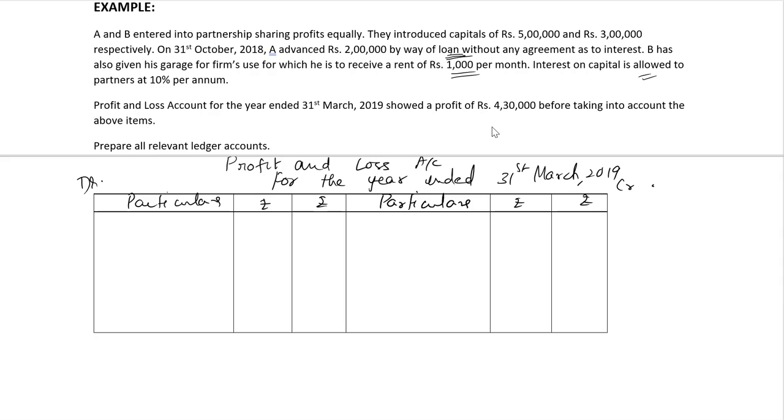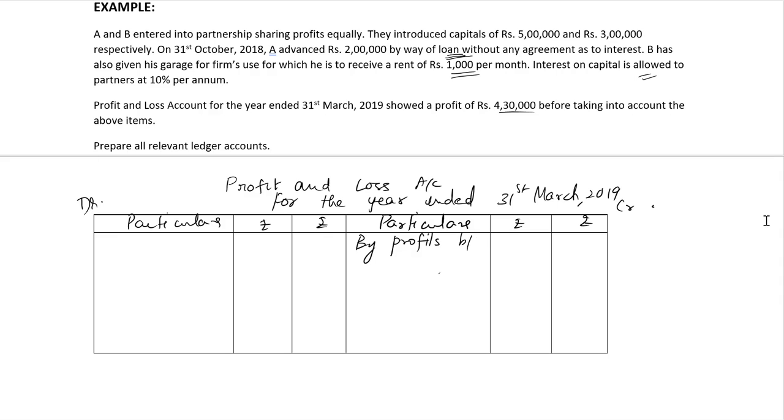It is given that the profit of the firm was 4,30,000 before the above items. So I'll bring down the net profit by profits brought down, 4,30,000.